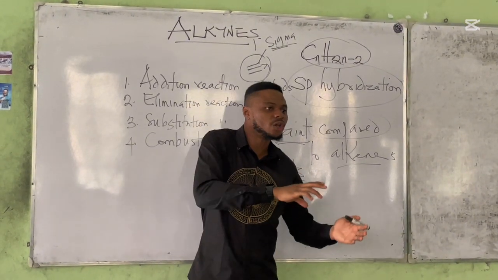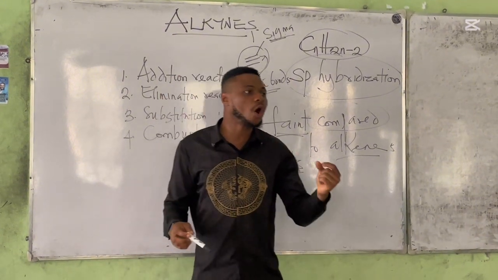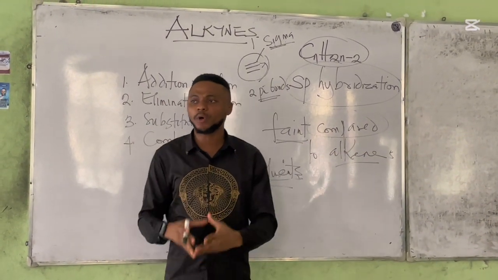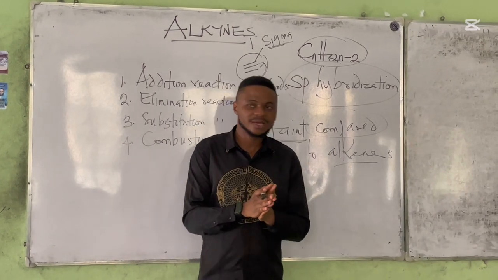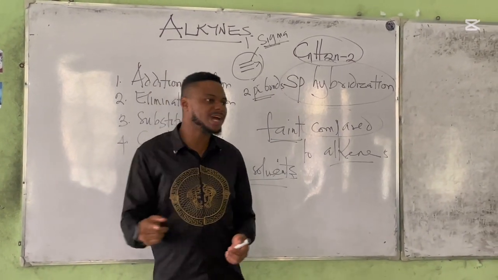That is, after you have gotten the longest continuous carbon chain and you want to start numbering the chain, you must ensure that you number from the end that will give the triple bond the smallest possible number. That's why we say, however, the carbon containing the triple bond is given the smallest possible number.